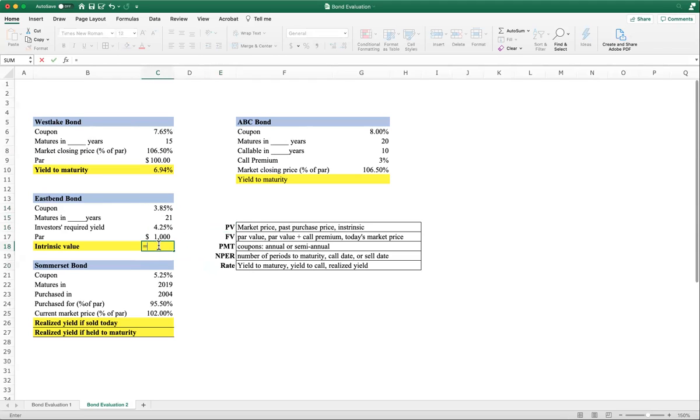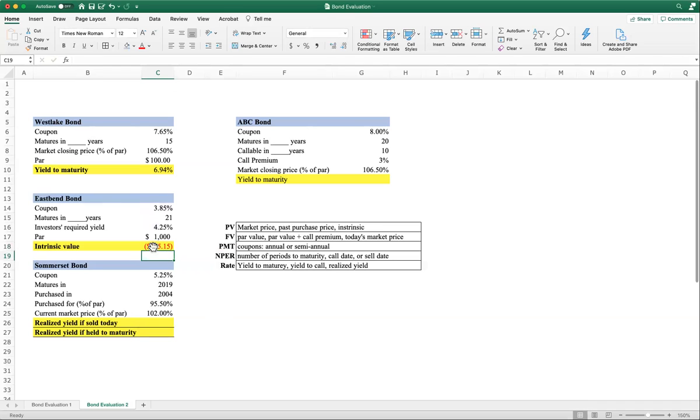So let's use PV, and the rate is your investor's required return, and the number of periods is going to be 21. You can also type instead of using your mouse. And actually, we need to put payment here. So payment equals the coupon rate multiplied by the par value, and the future value is going to be C17, the par value.